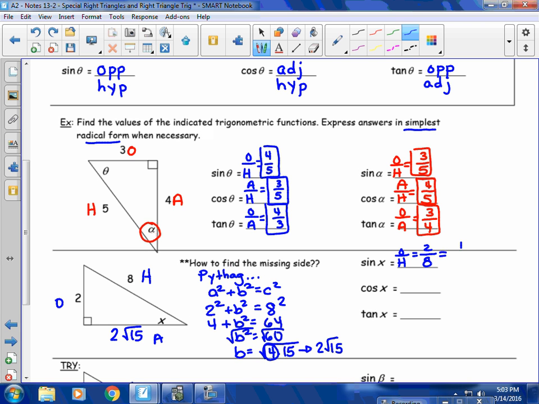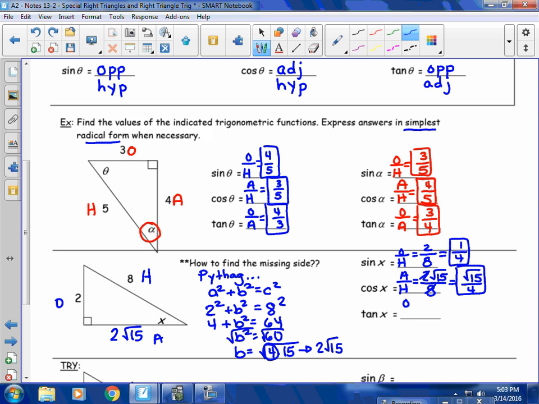We can reduce that to 1 over 4. Cosine of x, adjacent over hypotenuse. Adjacent is 2 radical 15. Hypotenuse is 8. We're allowed to reduce the 2 and the 8 to get radical 15 over 4. Radicals on top, so we're good. That's simplest radical form.